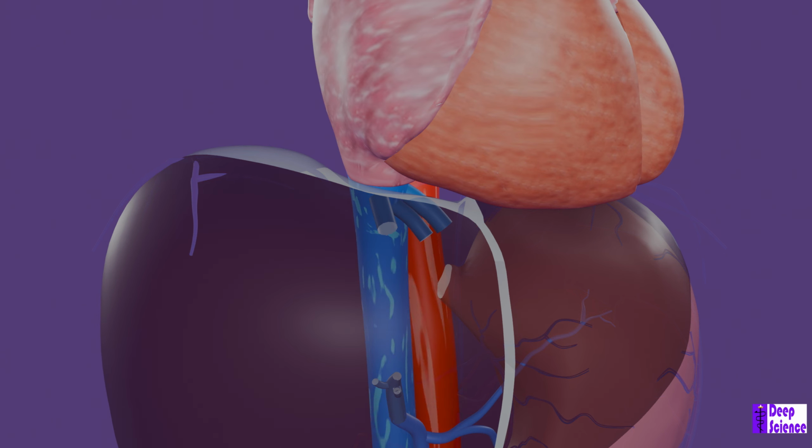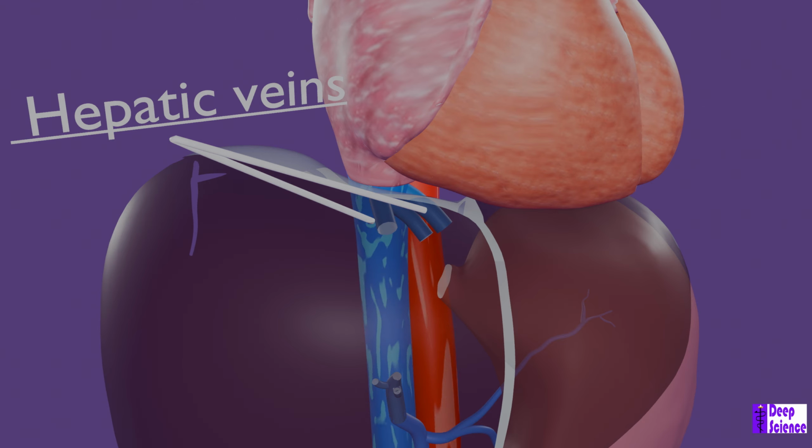From the liver, blood is released into the inferior vena cava through hepatic veins.